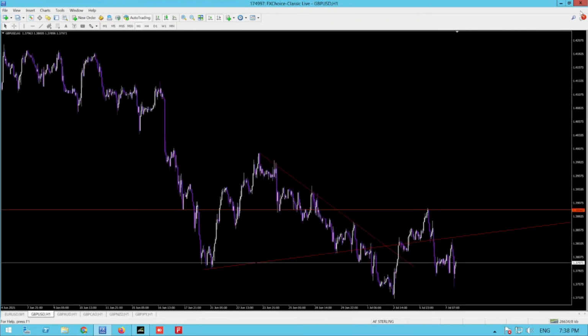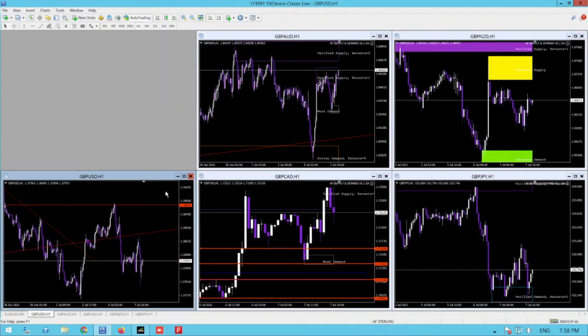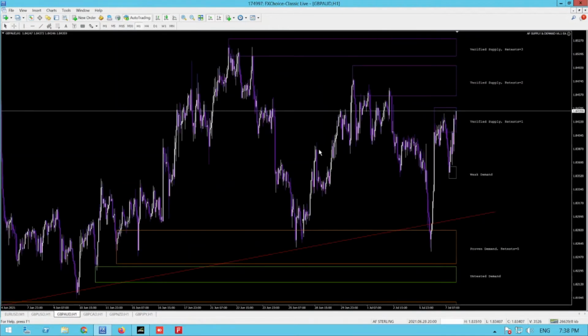Or better yet, let's use GBPAUD, because I haven't got it actually loaded on sterling, I need to pull it back on here actually, which I will do. You guys can see we've got the untested demand zone down here, which would be in kind of bold or luminous green.